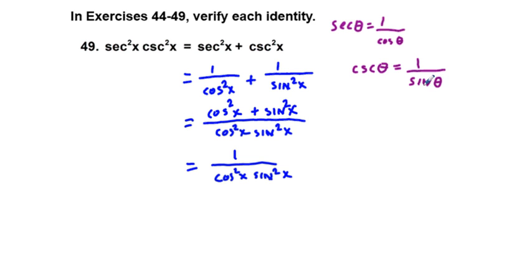And so using these two reciprocal identities, we can rewrite this expression as 1 over cosine squared x is secant squared x, and 1 over sine squared x is cosecant squared x. And so now we've successfully made this right hand equal to left hand, so we verified this identity.